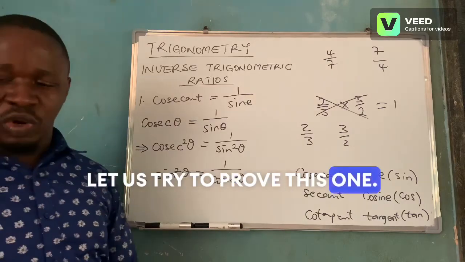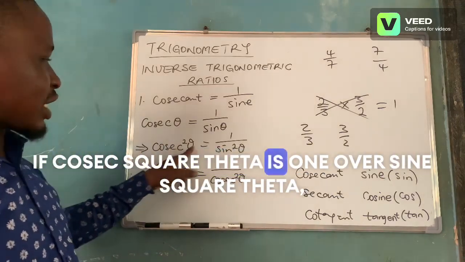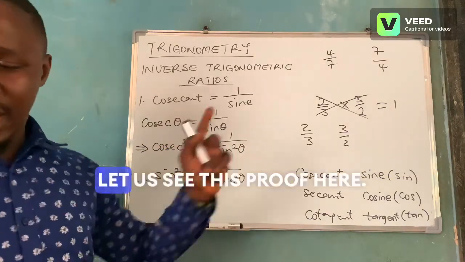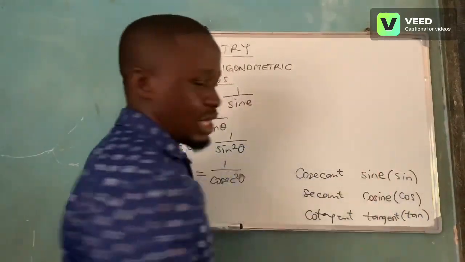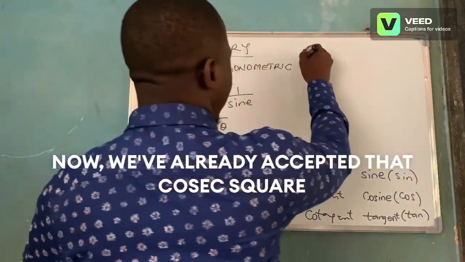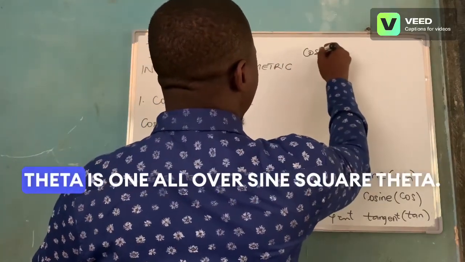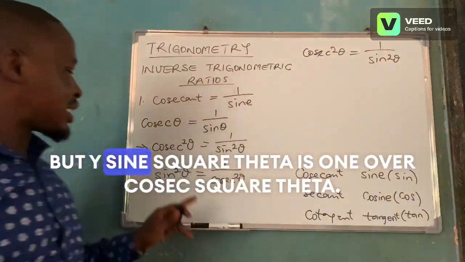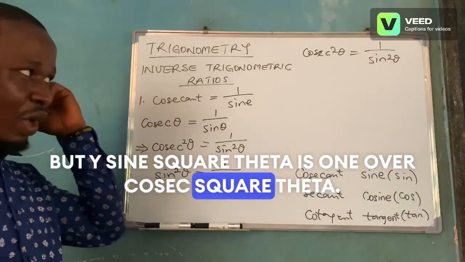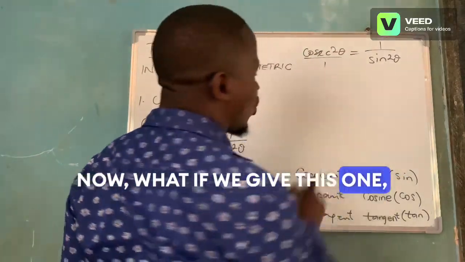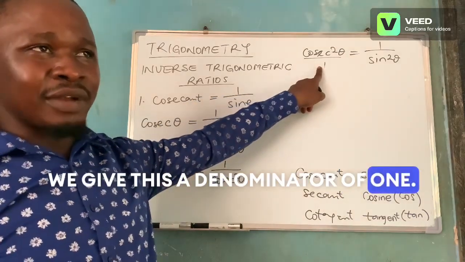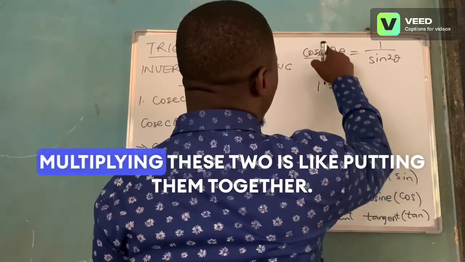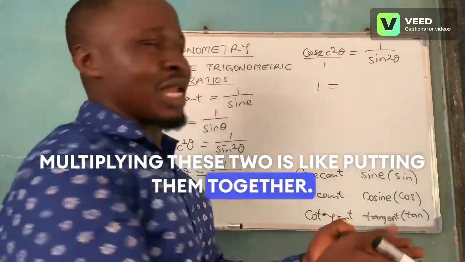Let us try to prove this one. If cosec square theta is 1 over sine square theta, why is sine square theta equal to 1 over this one? Now we've already accepted that cosec square theta is 1 all over sine square theta. But why is sine square theta 1 over cosec square theta? What if we give this a denominator of 1? Naturally the denominator is 1. So 1 multiplied by 1 we have 1. Multiplying these two is like putting them together.